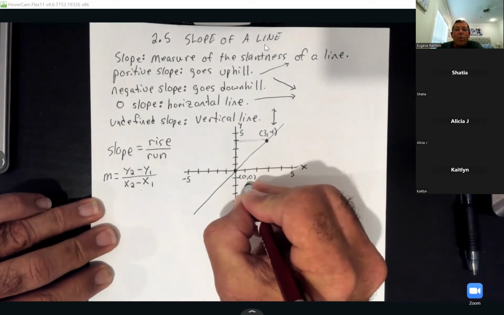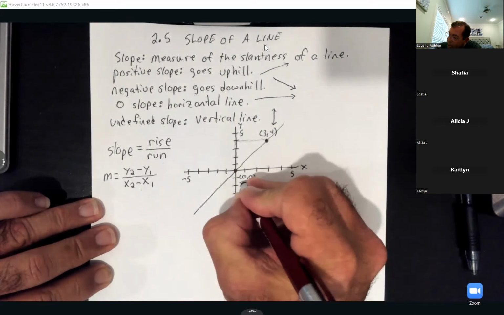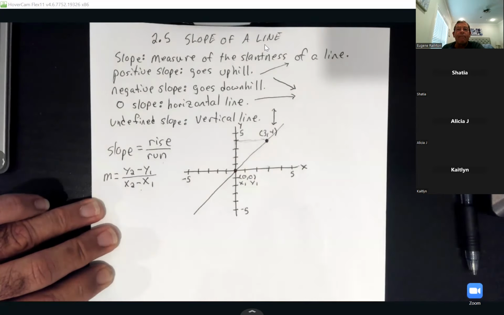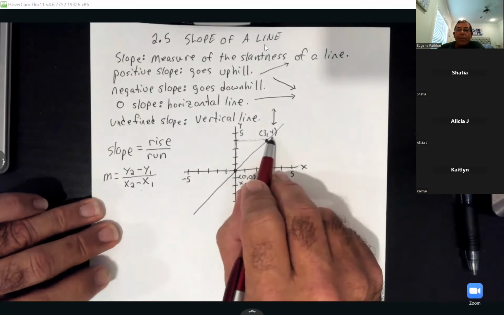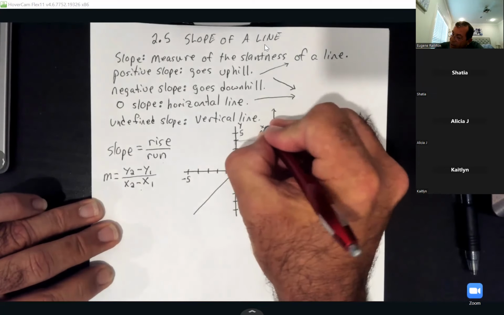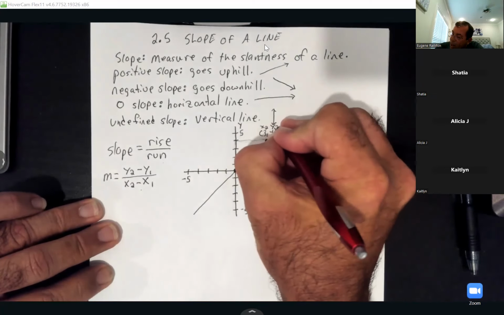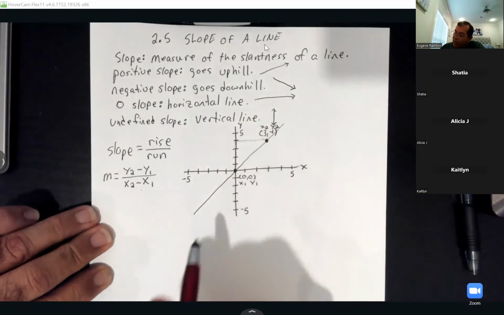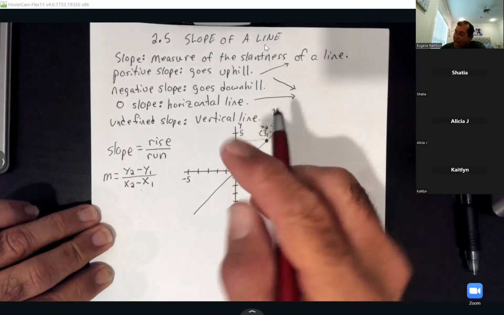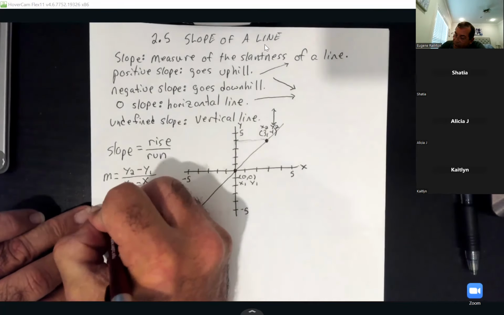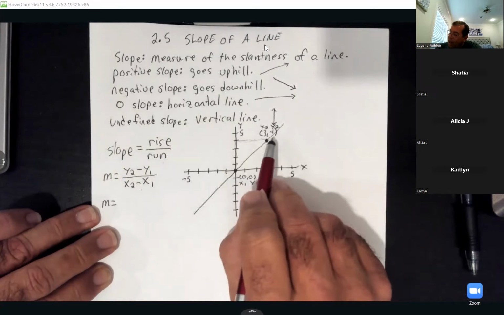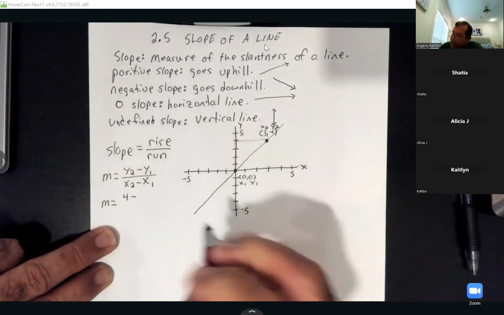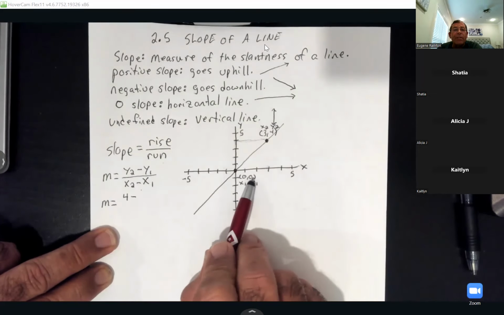The 0, 0 point, my first point, I'm going to let that be x1 and y1. That second point up here will be x2 and y2. So I'm labeling my points. If I wanted to find the slope of this line using those points, y2 is 4, so we would have 4 minus my y1, which was 0.